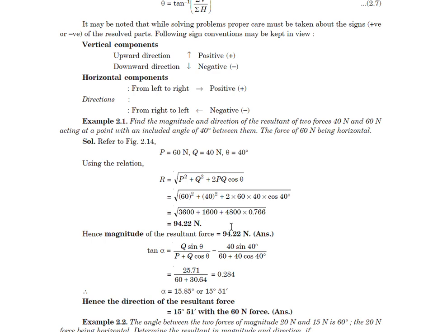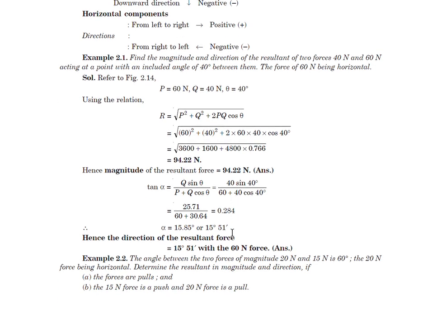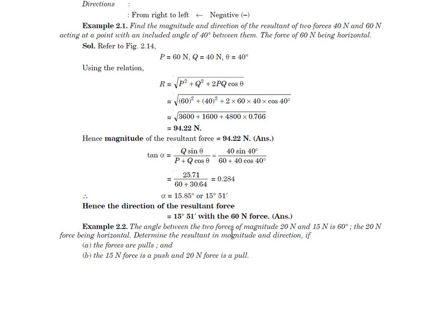So let us go with the first example, which is the solved example given over here. The statement is: find the magnitude and direction of the resultant of two forces, 40 Newton and 60 Newton, acting at a point with an included angle of 40 degrees between them, the force of 60 Newton being horizontal.